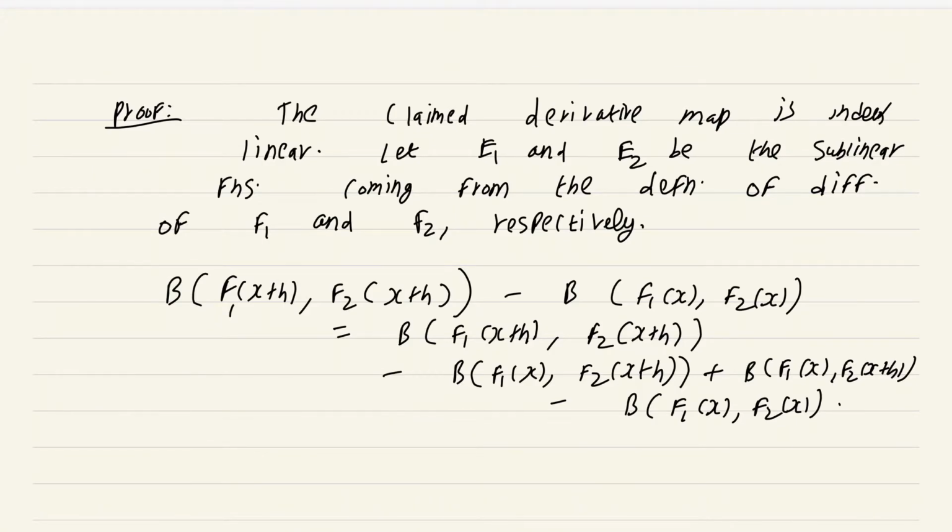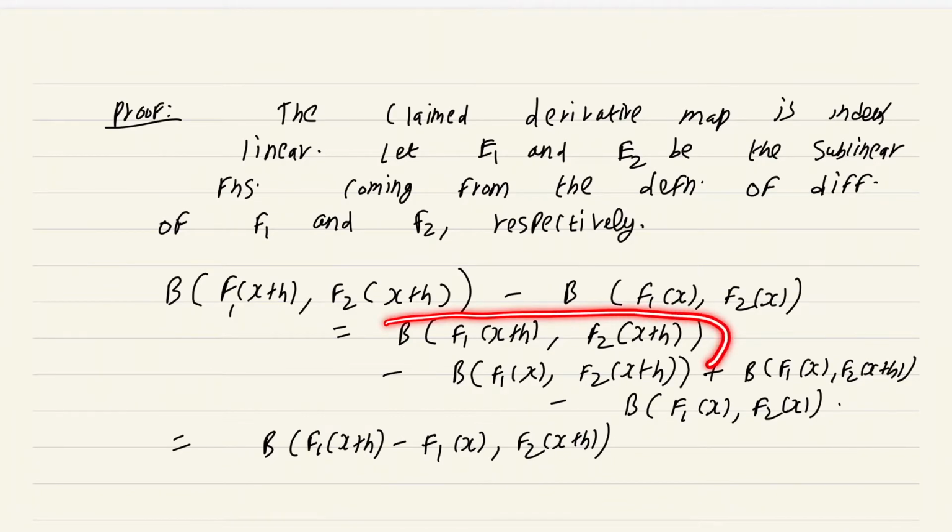Okay, so now this just is equal to B of f1 x plus h minus f1 x, comma f2 x plus h. What has happened? Well, these two terms have been combined together by bilinearity.